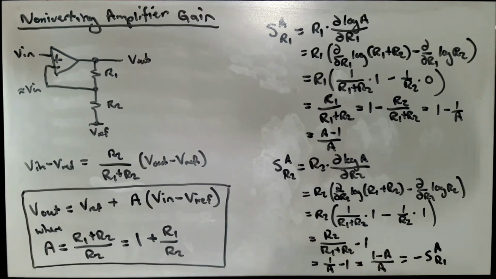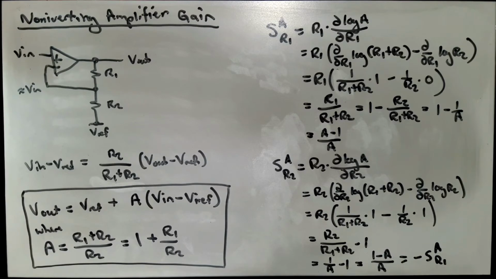So that naturally leads to the question of how these per unit variations in our components combine to form the per unit variation or the tolerance in some parameter that we care about in the system, like in this case the gain of the amplifier. And that will depend on how we combine them with the sensitivities.